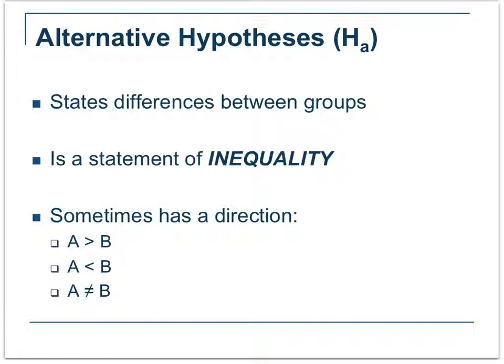This is where you get really excited about your work, and you can pick one of the three directions that makes sense to you. You can say, maybe blood pressure in A is going to be greater than B, or less than B, or they're just not equal. Versus the null statement, which was a statement of equality, now it's a statement of inequality.